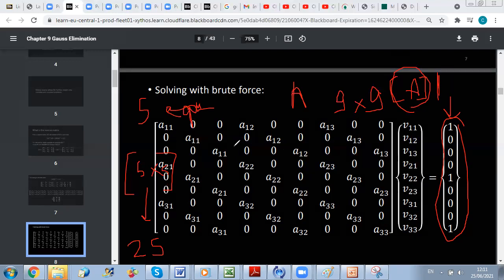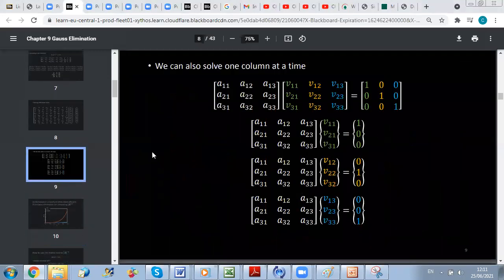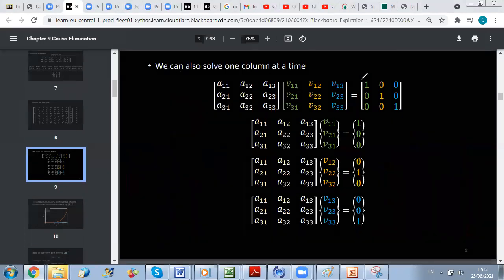This is why we need to come up with a simpler method to calculate A minus 1. And this simple method is by going back to the definition of how to get A minus 1. If you remember, the first column of the identity matrix is obtained by multiplying this matrix of coefficients times the first column of A minus 1.